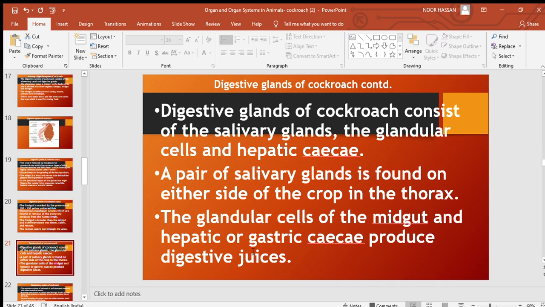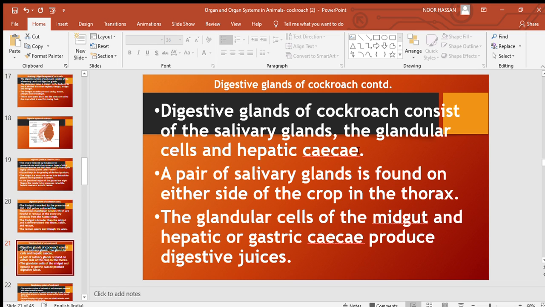Okay, so in the next class we'll discuss the respiratory system. Before that, along with the alimentary canal in the digestive system, digestive glands are also present. This is what I discussed earlier. It's about the salivary glands, which are present along with hepatic caeca. So the digestive glands in cockroach consist of salivary glands, glandular cells, and hepatic caeca. Hepatic caeca secrete some enzymes that help in digestion.